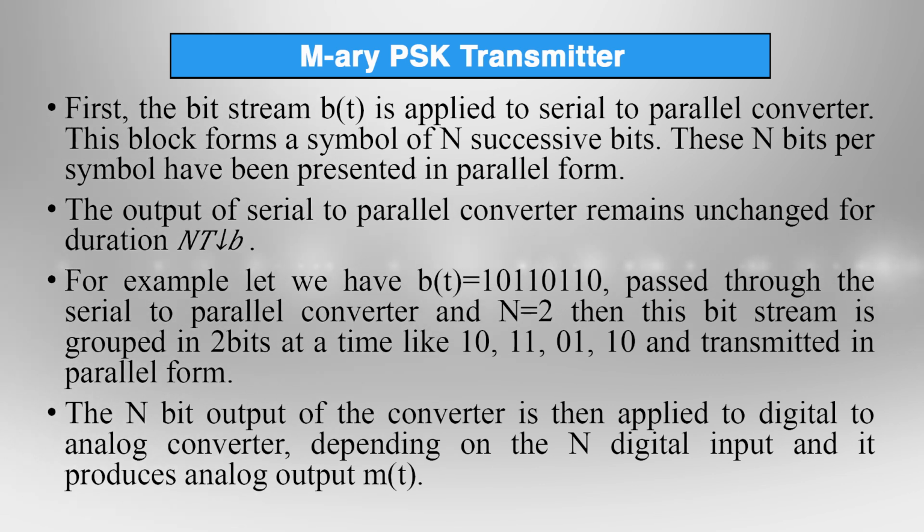Depending on the input n bits, the output of the D to A converter is decided and this output is m(t). Again, the serial to parallel converter starts taking bits for the next n-bit word. The n-bit digital input can have 2 to the power n, that is equal to M, possible combinations. Therefore, the D to A converter output m(t) will have M different values depending on the symbols.